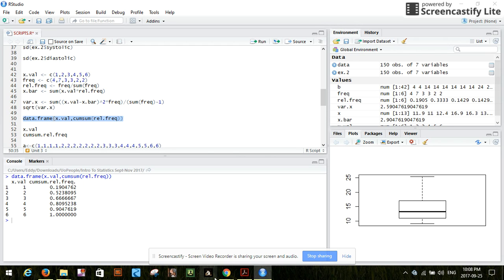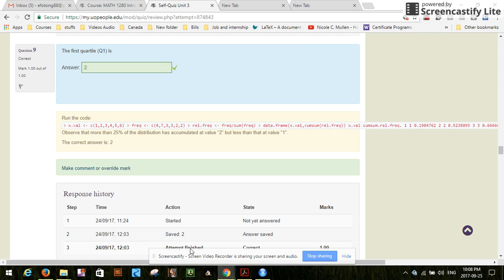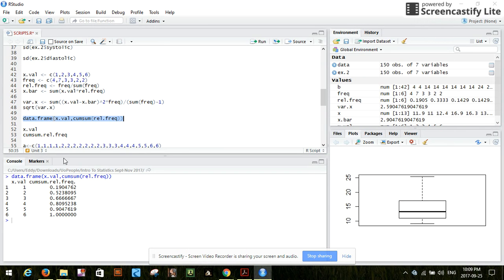That's why in the solution, they use an approximation to give you the first quartile. We observe that more than 25% of the distribution has accumulated 2, but less than 1. Remember, if you accumulate 1 sneaker, you represent 19% of the data set.